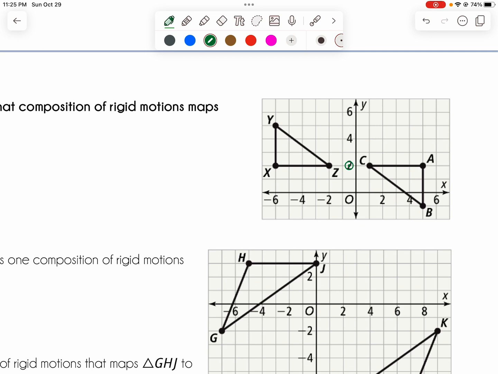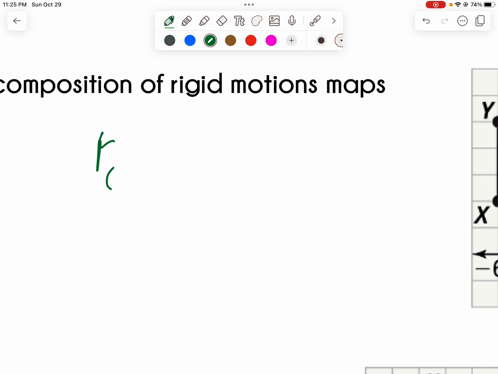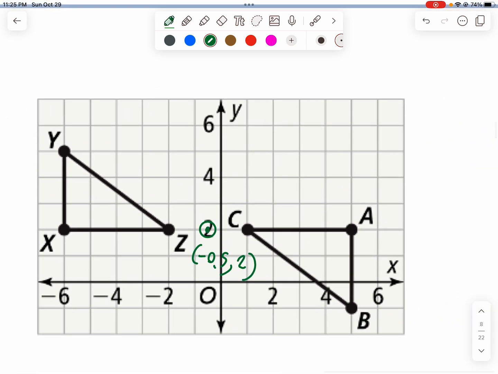Now, this rotation, rather than having a center at 0, 0, is going to have a different set of coordinates for its center. In this case, it'll be -0.5, comma, 2. Okay? So we're going to rotate about -0.5, comma, 2. And how far are we going to go? Well, one thing I notice is that this length rotates and goes to here, so it's going the opposite direction.